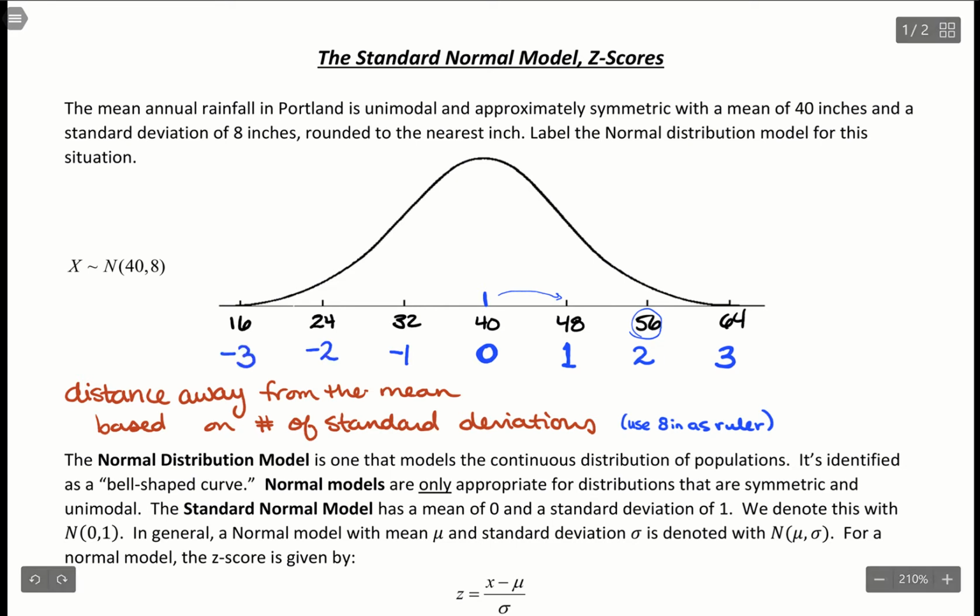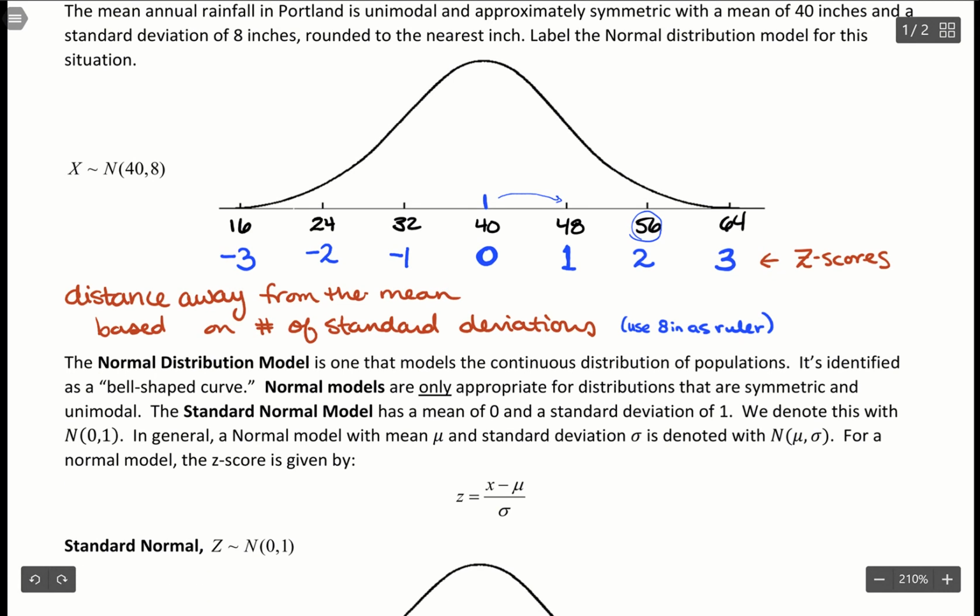So we get a scale based on standard deviations away from the mean, and these values that we're listing here, these 0s, 1s, 2s, and 3s, those are z-scores. So a z-score is a specific distance based on number of standard deviations away from the mean.